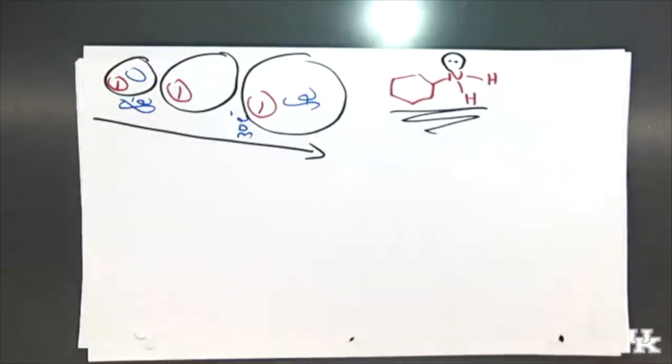If you do anything to delocalize that lone pair, you're going to be reducing the basic strength of the amine because the electrons, instead of just being available to do acid-base chemistry, want to be delocalized throughout more atoms.